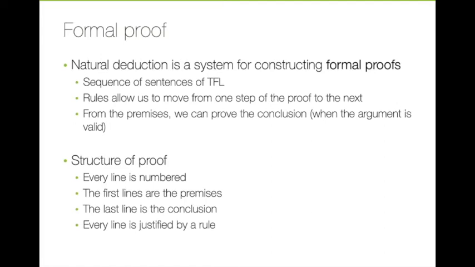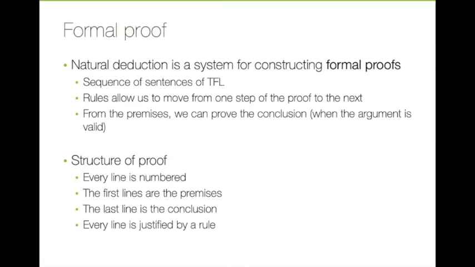Because these are formal proofs, the proofs in natural deduction will all have to have a certain basic structure. So the core elements are that every line has to be numbered. And the point of that is it allows us to easily track the steps of the proof and to refer back to previous steps, something we'll need to do when we invoke the rules. The proof starts in its first lines with the assumptions, the premises that we're going to use.